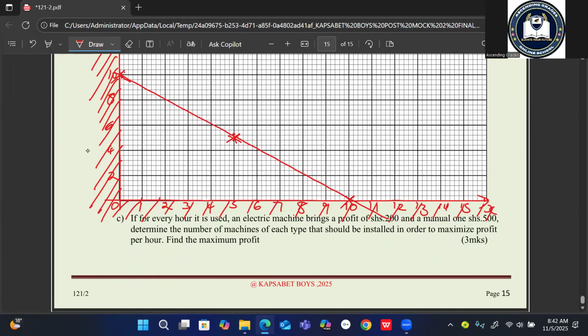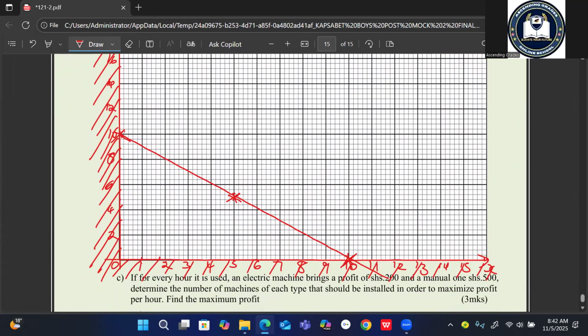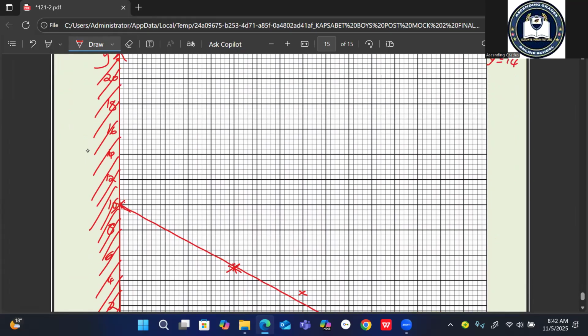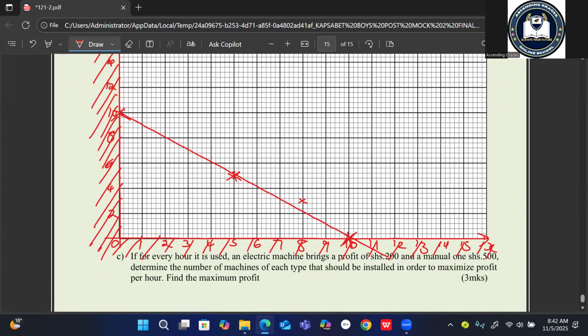We have 10, 0 there. We have 8, 3 there. We have 6, 6 there.